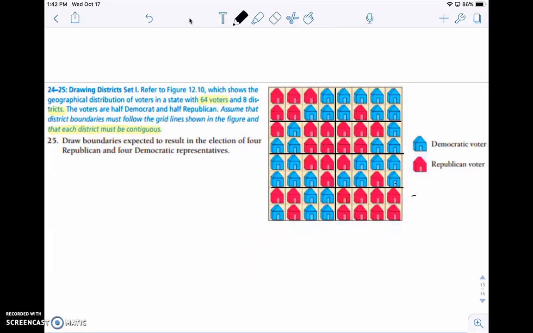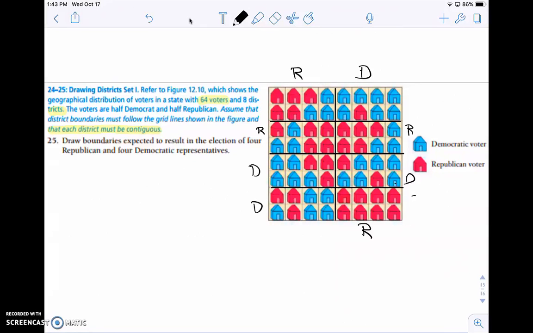So you've got 1, 2, 3, 4, 5, 6, 7, and 8. So in the first one, you have Republicans 5-3. The next one, you've got Democrats 7-1. Then we got Republicans, Democrat, Democrat, Democrat, and then the whole bottom is stacked Republicans.